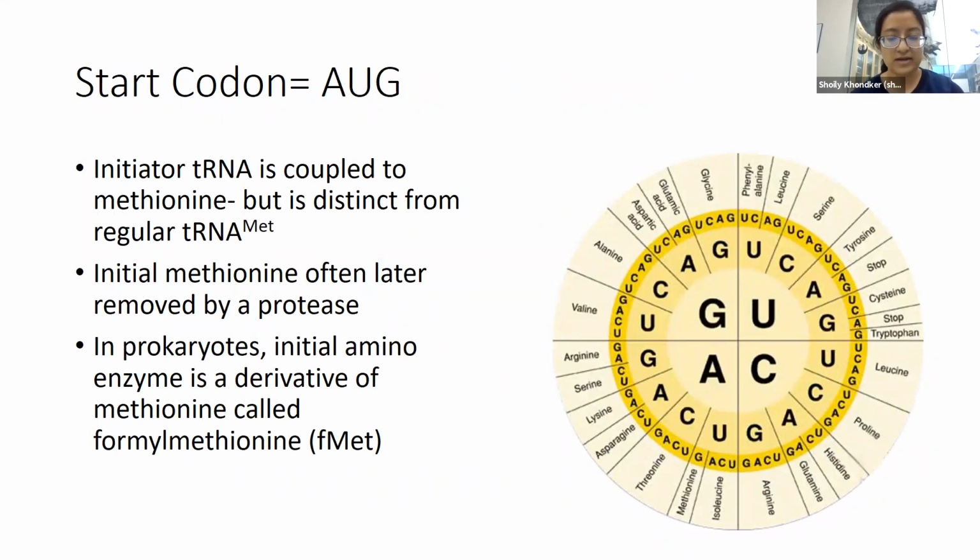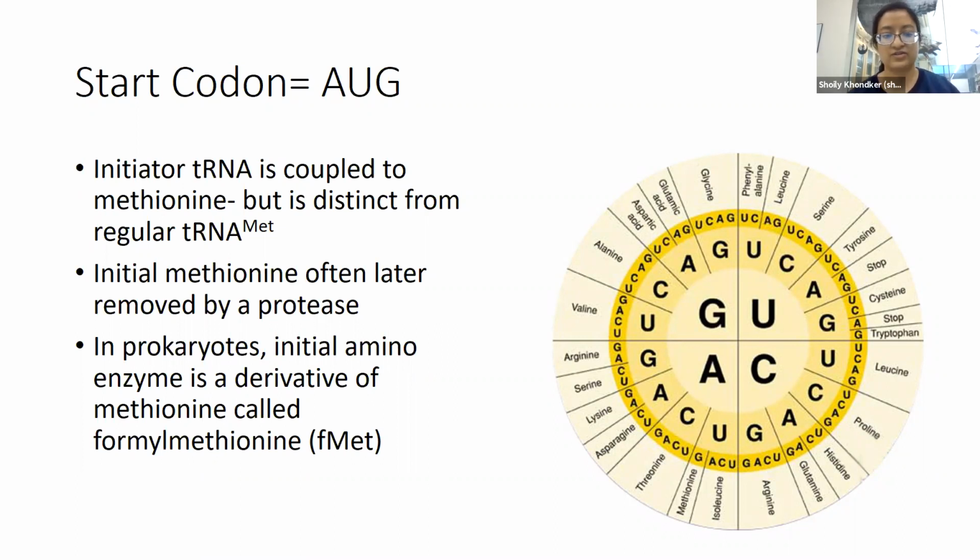So the start codon is AUG, and if you look at the code here, AUG codes for methionine. The initiator tRNA is distinct from the regular tRNA coupled with methionine, however. By that I mean the actual sequence of the tRNA coupled with regular methionine is distinct from an initiator tRNA.